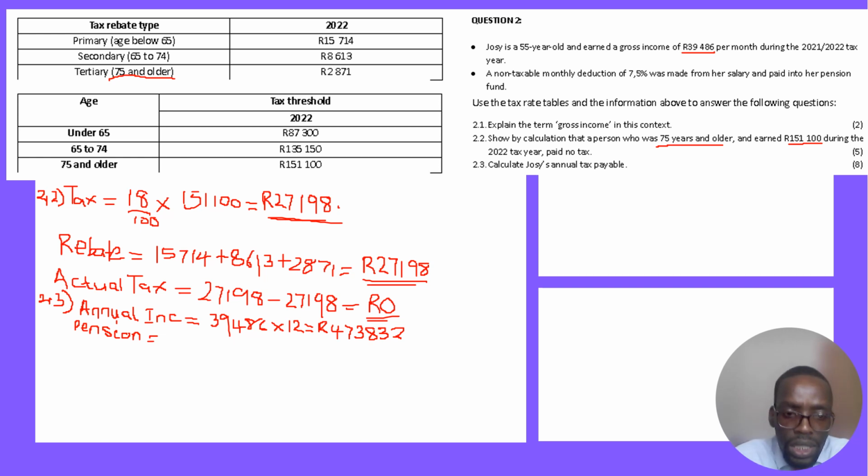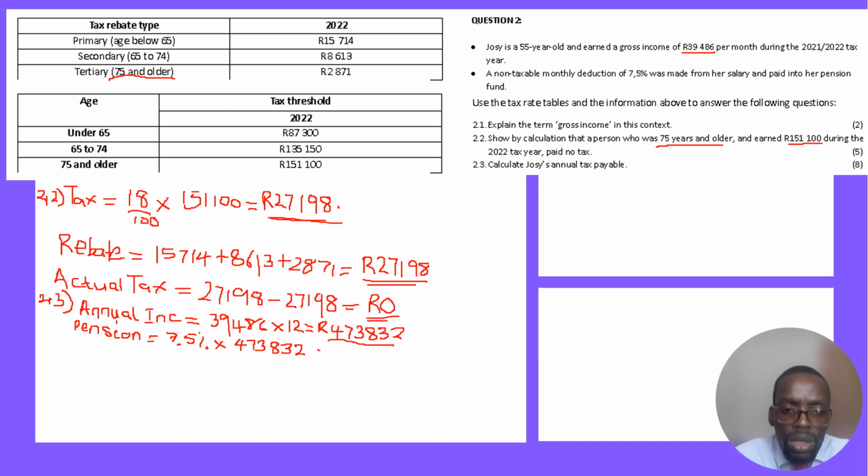So our pension is going to be 7.5% of this annual salary, which is 473,832.